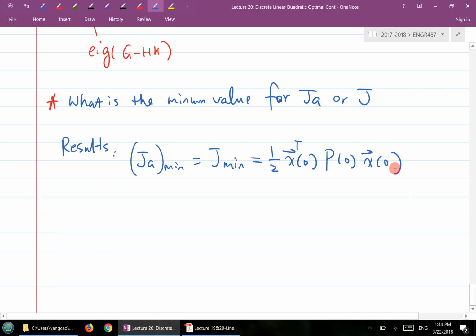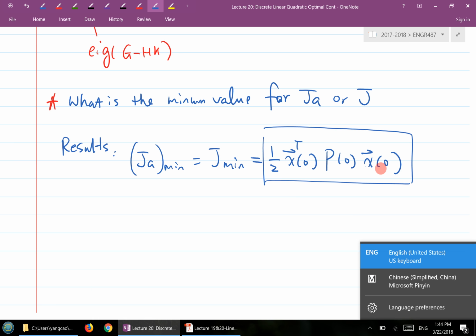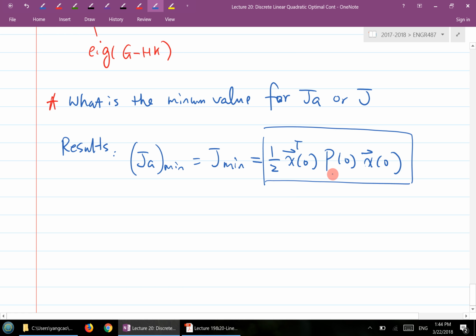So we have a solution for the optimal gain K, we have a solution for P, so we can derive the actual minimum value for the cost function. And the actual minimum value for the cost function is this one here, with the initial condition and the initial value for the P matrix.